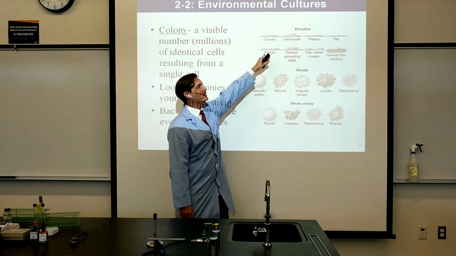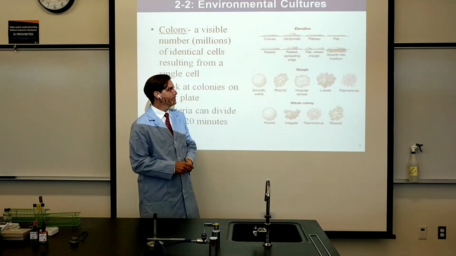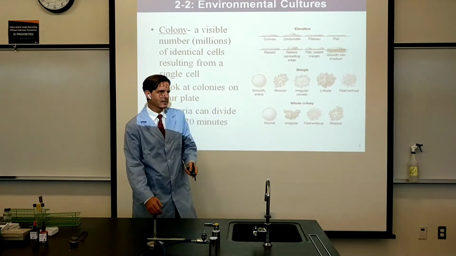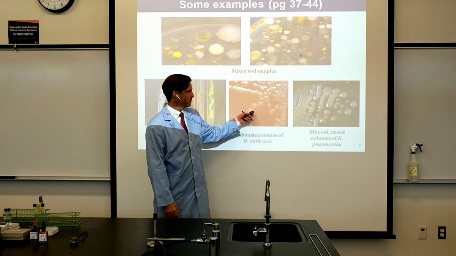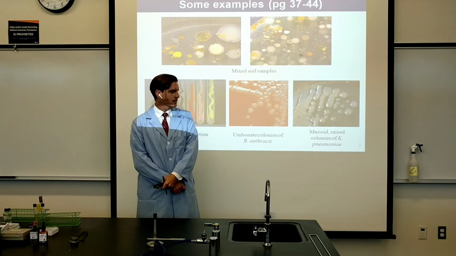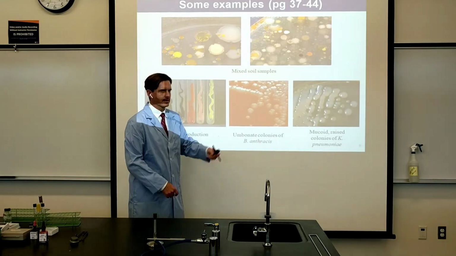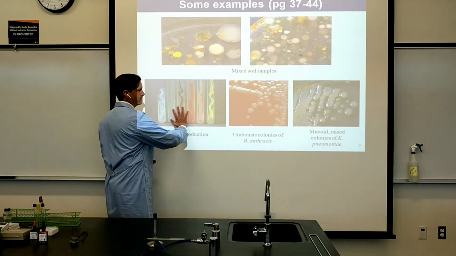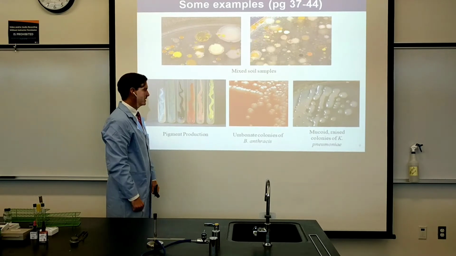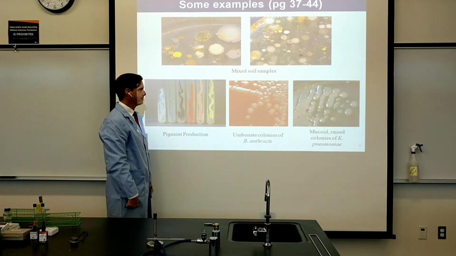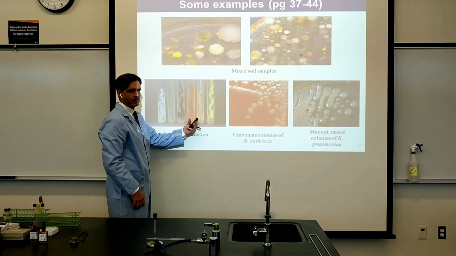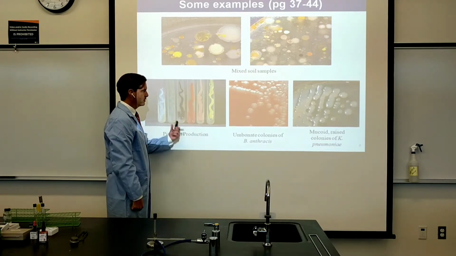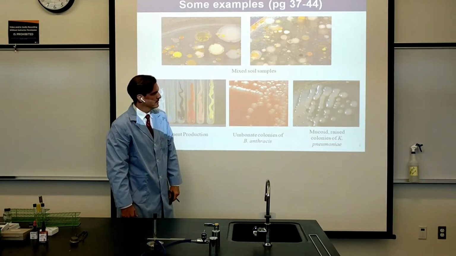That's actually my favorite vocabulary term to describe all of these. It's just so unusual, umbonate. But that's what Bacillus anthracis looks like. And this is growing on blood agar. Here are some different varieties of pigments that bacteria, or many different microorganisms, can have. These unusual colors, so there you have it.